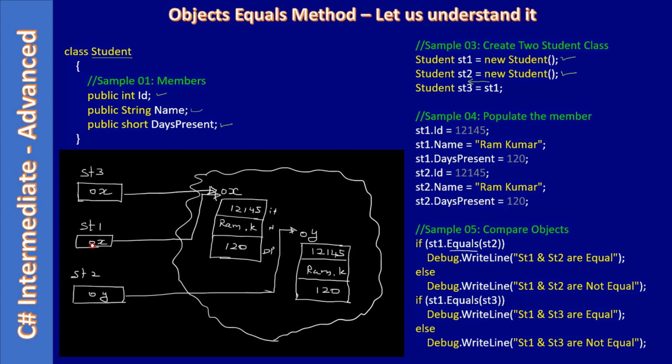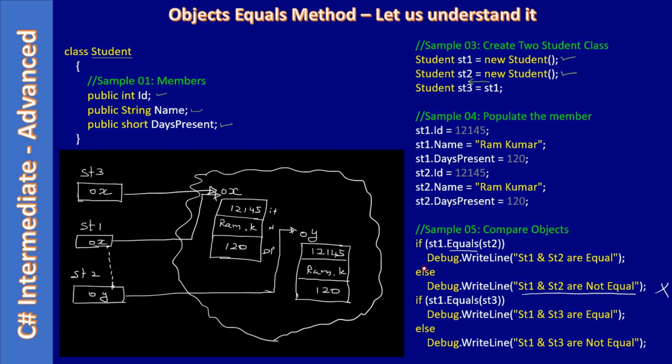So the default implementation compares the two addresses, and when they are equal, it returns true. But here, when st1 and st2 are compared, the addresses are not equal, because this address is 0x and this is 0y. Since they are not equal, it says st1 and st2 are not equal, which is not right, because both are exactly equal content-wise.